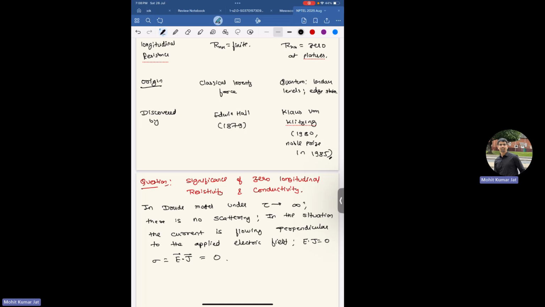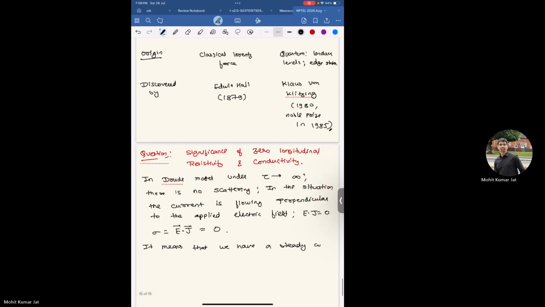It means that we have a steady current flowing without doing any work, and correspondingly without any dissipation.